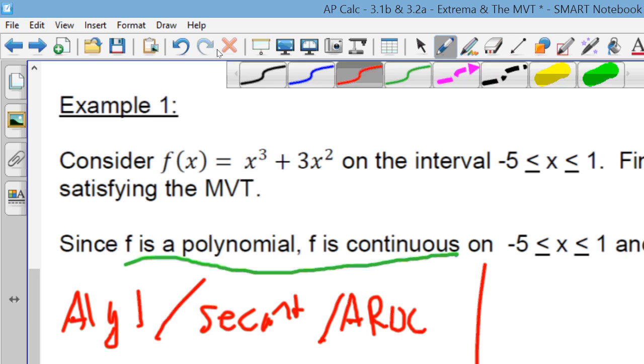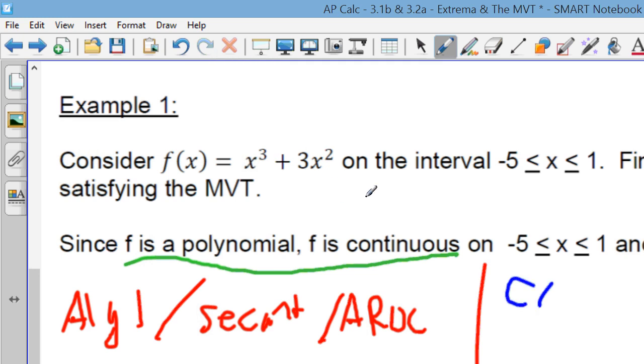And then over here, I'm going to do some calculus, which is also called the tangent line slope. You can write that out if you want. And it's called the instantaneous rate of change. Any of these things are all the same thing. Basically, the calculus way of doing it is going to be a tangent line or instantaneous rate of change. The algebra 1 way is going to be the secant line or the average rate of change.